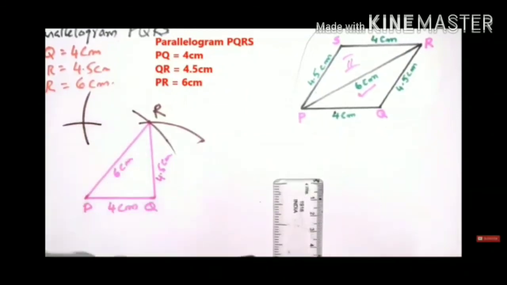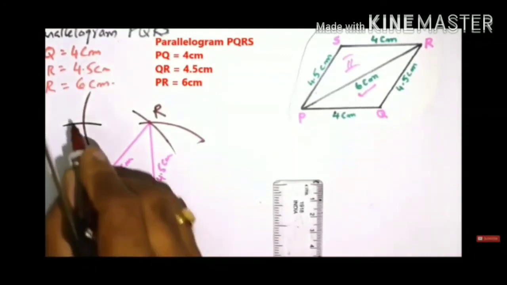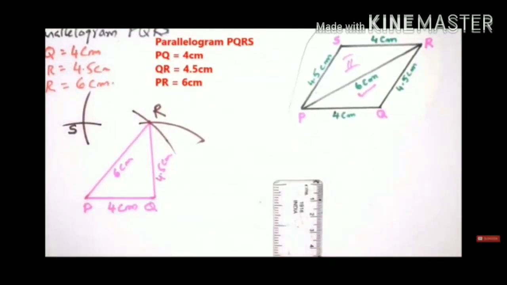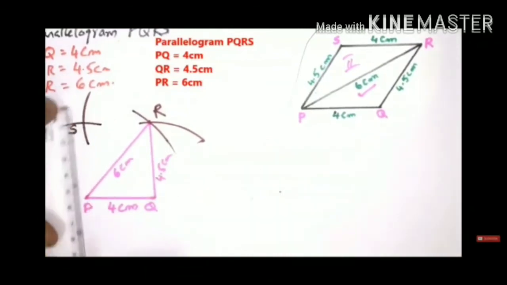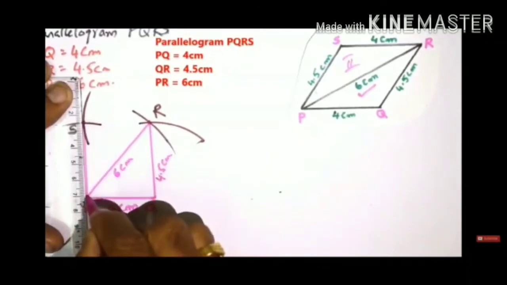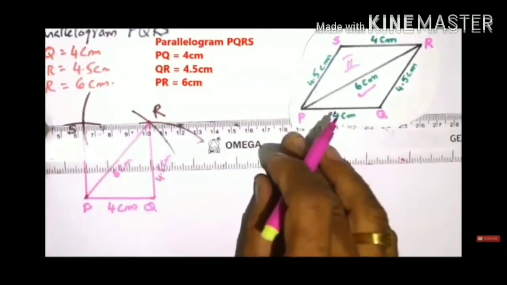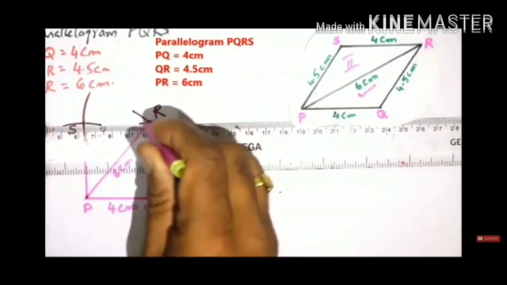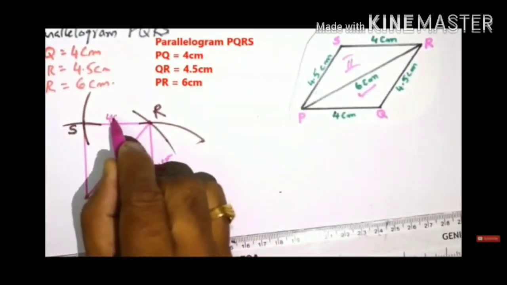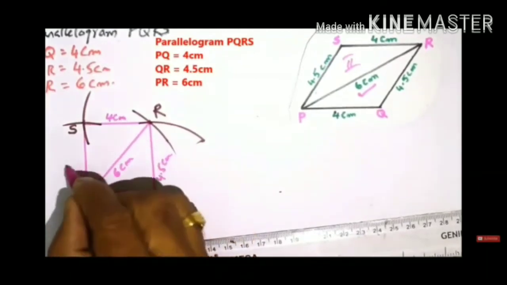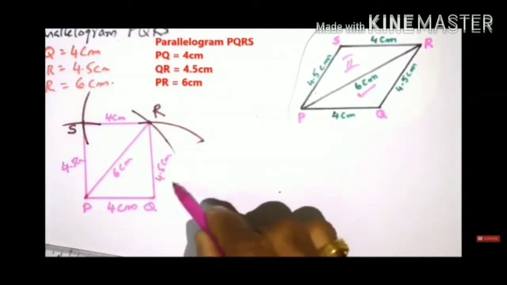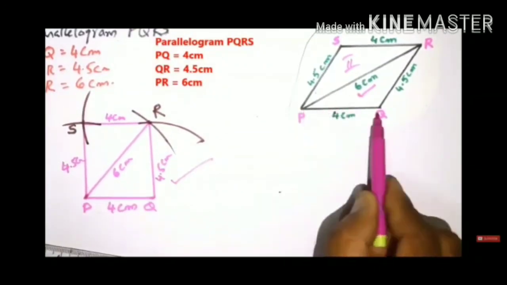So the intersection point gives rise to the point S. Now join PS and the side SR. Mark the measurements, 4 centimeter, 4.5 centimeter. So your parallelogram is completed with the base 4 centimeter.